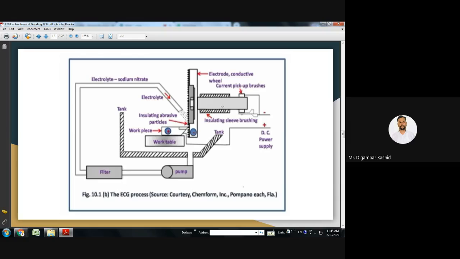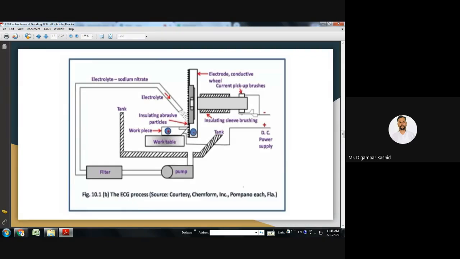Those brushes are normally made of copper or graphite material. Then you can see on the wheel there are abrasive particles.